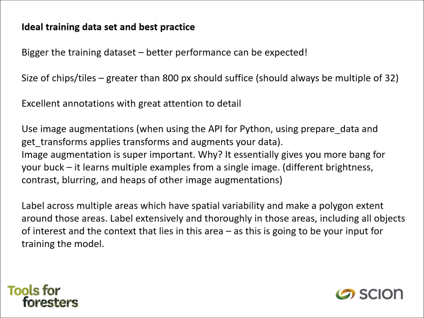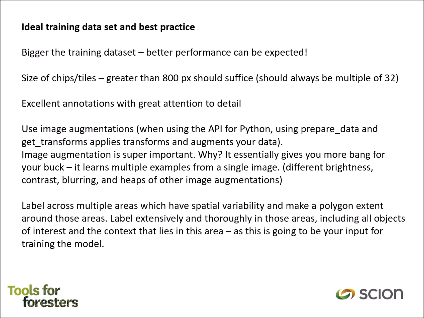It's always going to be a multiple of 32, and 800 pixels is a good size to start. But there's always going to be a trade-off between your tile or chip size and your batch size that goes into the GPU to process at one time. Theoretically, it would be much easier if we had one giant tensor with everything in it, but that's theoretical. You need excellent annotations with awesome attention to detail.